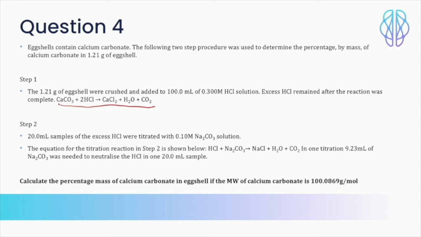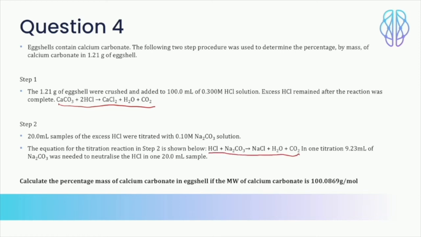Fantastic. 20 milliliter samples of the excess HCl, so after it's reacted with the calcium carbonate, whatever's left, we take 20 milliliter samples of it. It was then titrated with 0.1 molar sodium carbonate solution. The equation for that titration is this here.